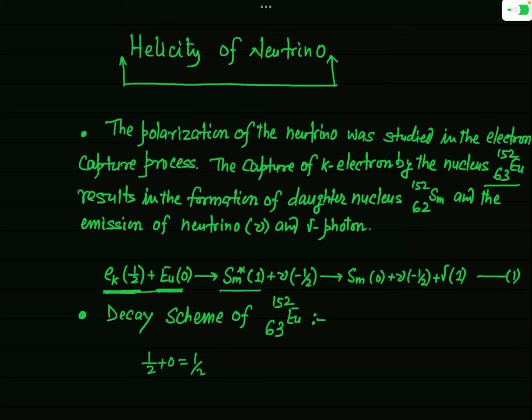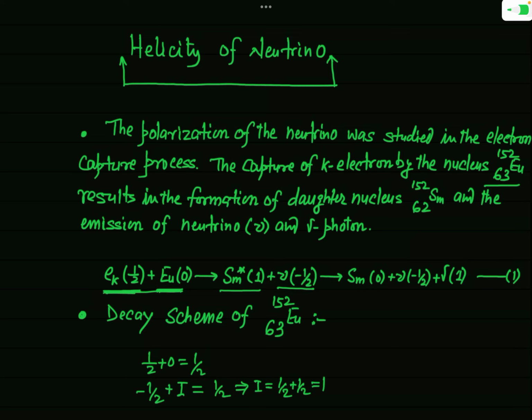And the spin angular momentum of the neutrino is -1/2, and if you consider that the spin of this Sm star is I, then to keep the angular momentum conserved, -1/2 plus I should be equal to 1/2. So what will be the value of I? I should be equal to 1/2 plus 1/2, and that will be equal to 1.